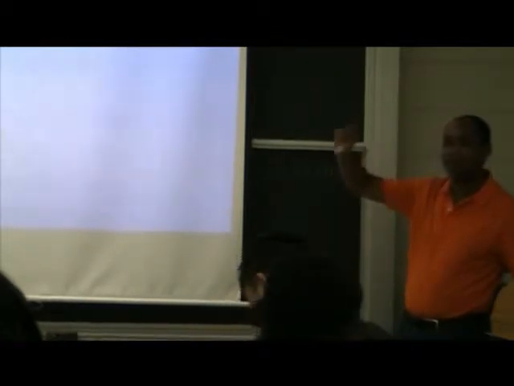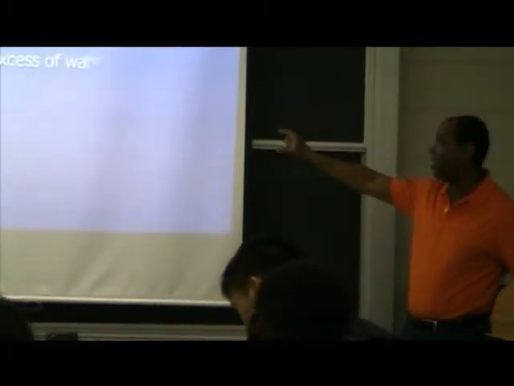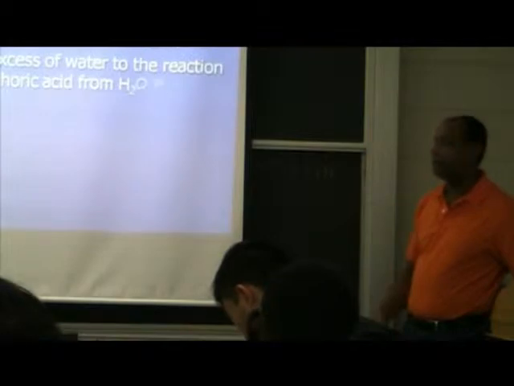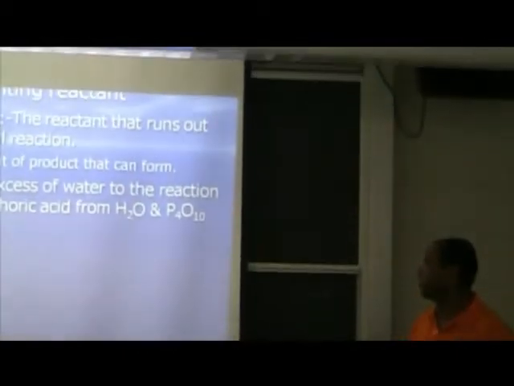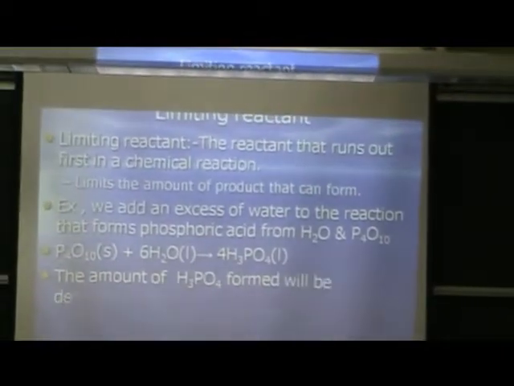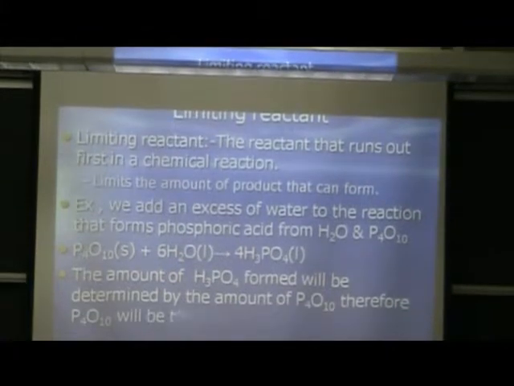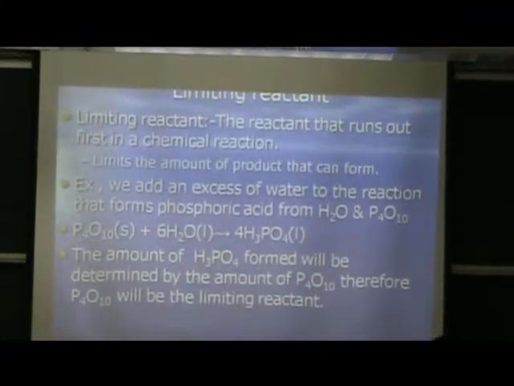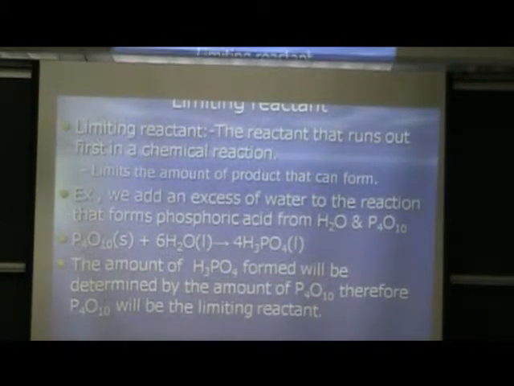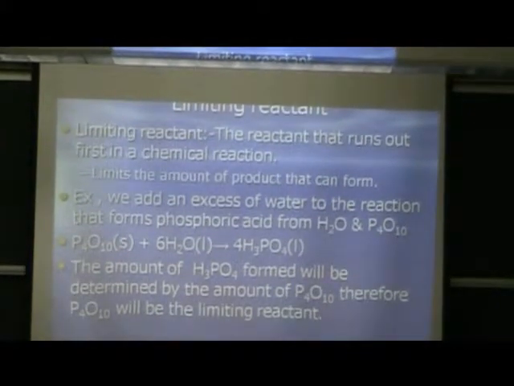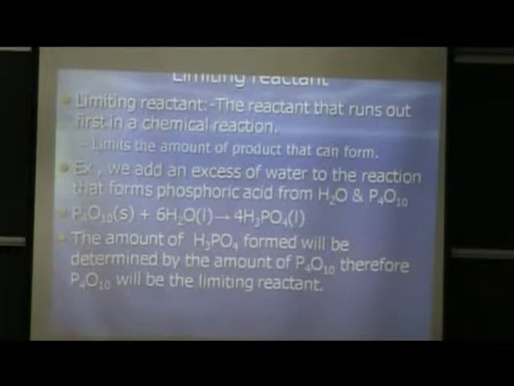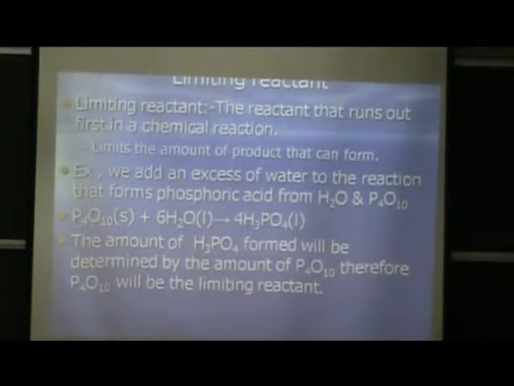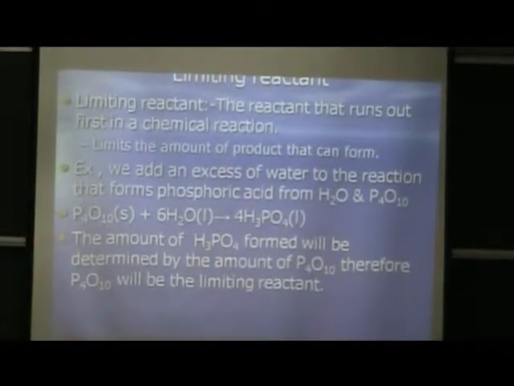We're going to apply the same idea here, the slice of cheese and slice of bread. Okay? So limiting reactant means it is the reactant that runs out first in a chemical reaction. And the limiting reactant also limits the amount of product that can form.